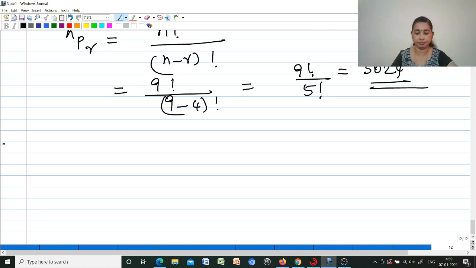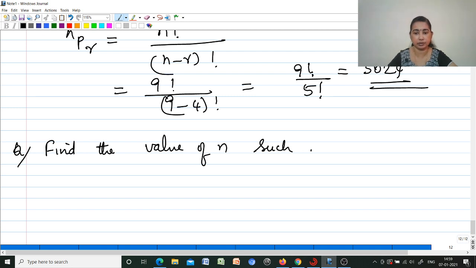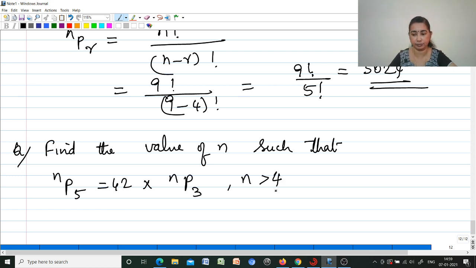Next one, we have to find the value of n. Find the value of n such that nP5 is equal to 42 into nP3, where n is greater than 4.